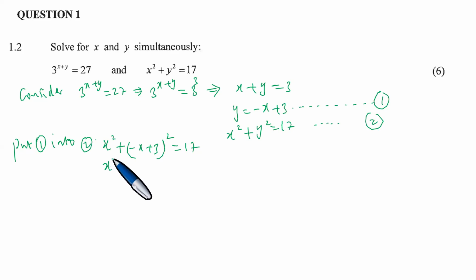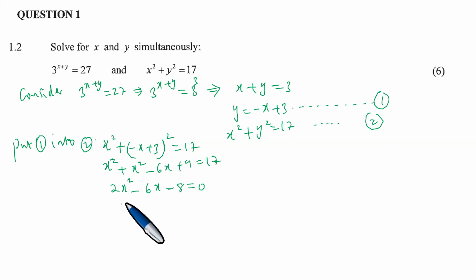So this is x squared minus 6x plus 9 is 17, giving 2x squared minus 6x. If you transpose the 17 to the other side, it becomes negative, giving us exactly what? Minus 8 equals 0.